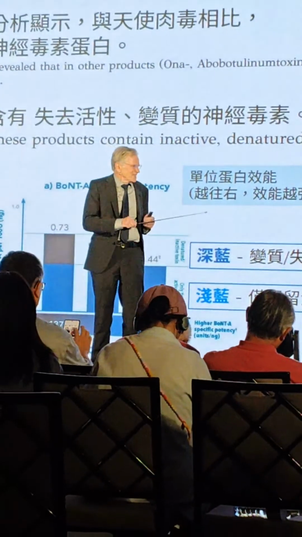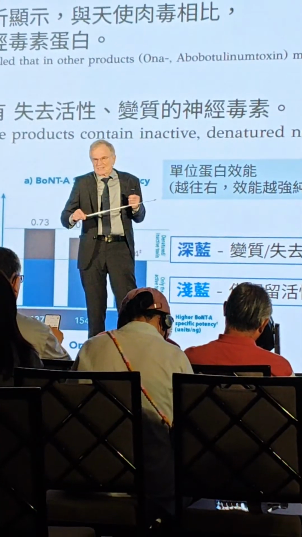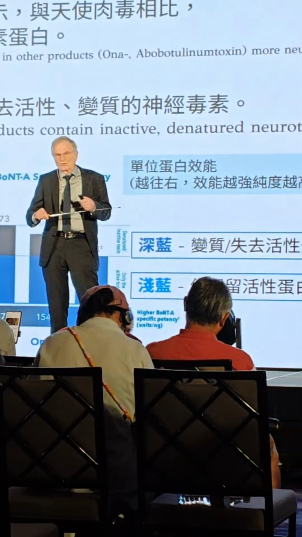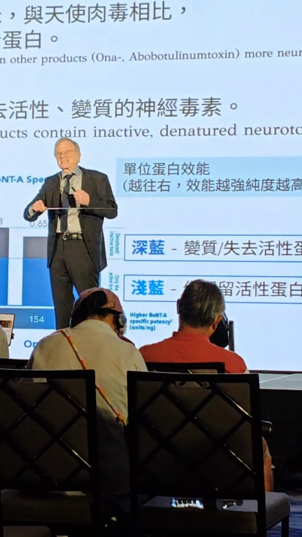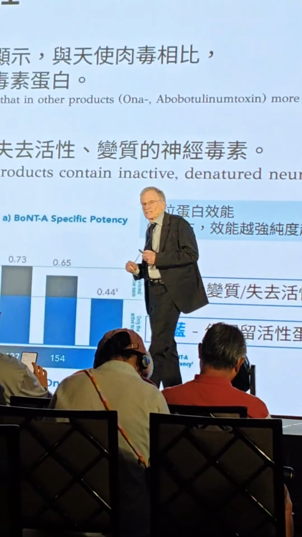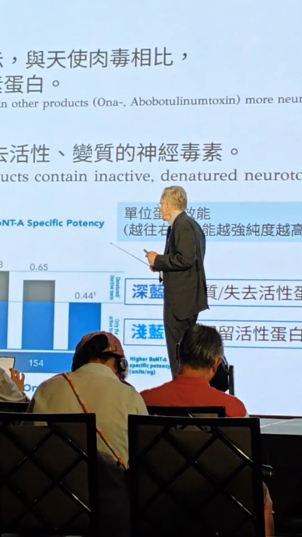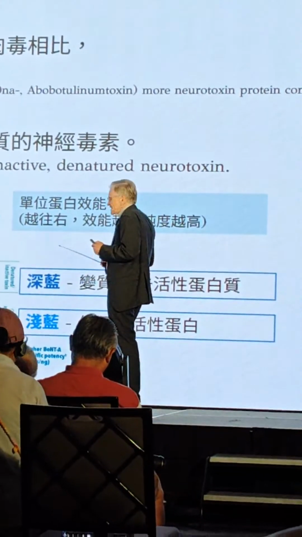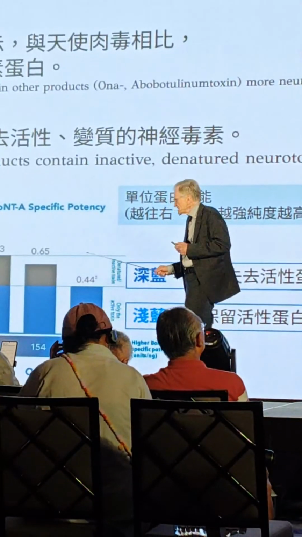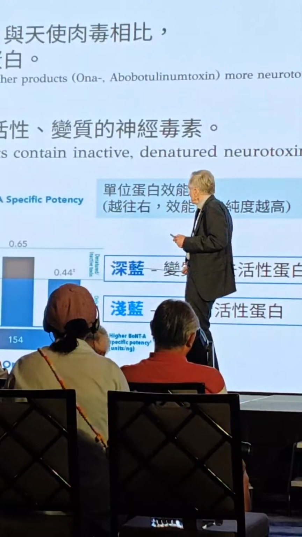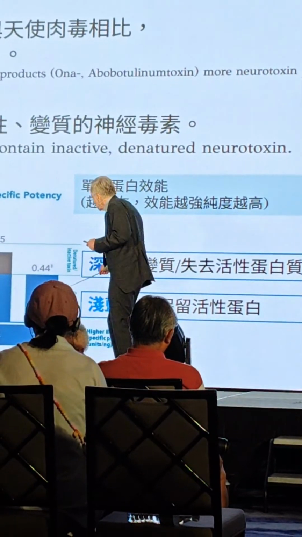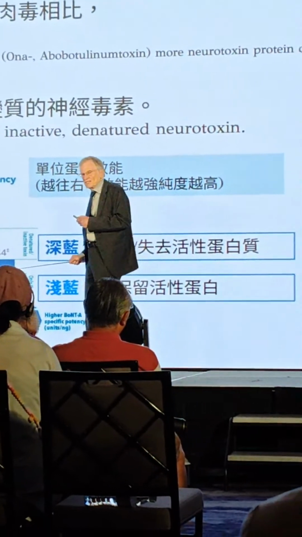So how can we show that in Xeomin there is the pure botulinum neurotoxin? You have to apply special sensitive analytical procedures to really analyze the purity, and we have done that, and we analyzed 2 other products, Botox and Dysport. And in this assay, I'm sorry for the complicated slide, you see the amount of the neurotoxin protein in the different products.